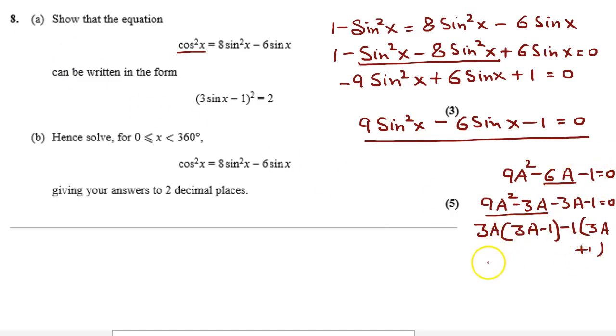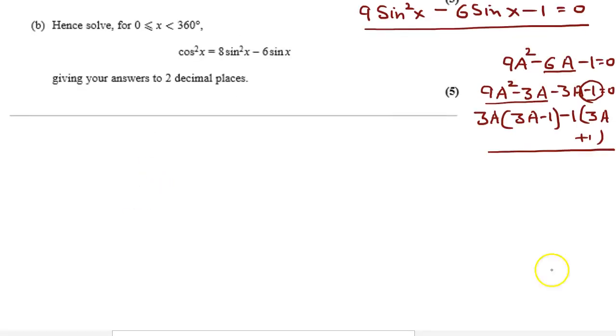So it cannot be factorized here. I need plus 1. This is supposed to be plus 1. So let me rewrite this one more time. So that is 9 sin^2 x minus 6 sin x minus 1, or I write is equal to 1.